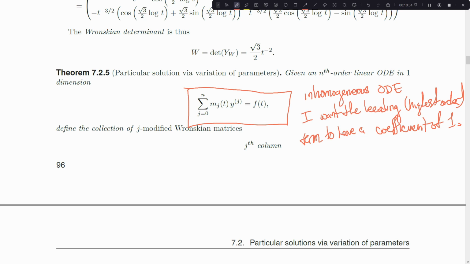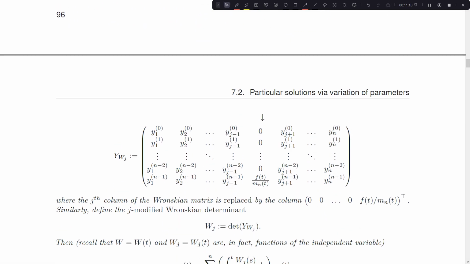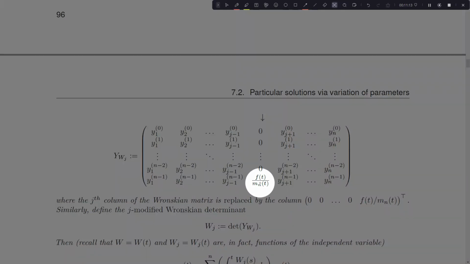So if the highest order term does not have a coefficient of 1, divide by the scalar multiple on the highest order term. That's the n term here. So you divide by m sub n of t. And so the right hand side is f of t divided by m sub n of t. And so really the reason why the bottom component of the modified Wronskian matrix is f divided by m sub n is because I need the leading order term to be a 1. And then everything else works really well.